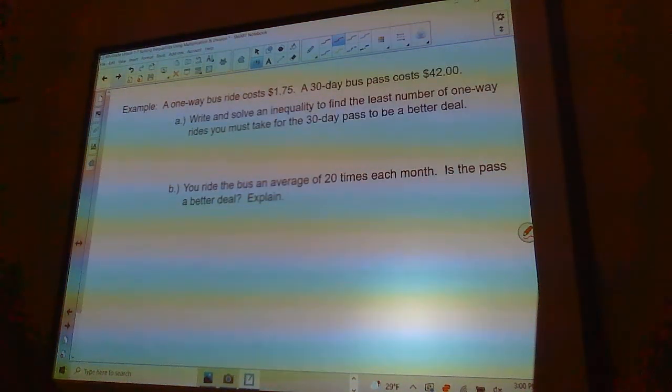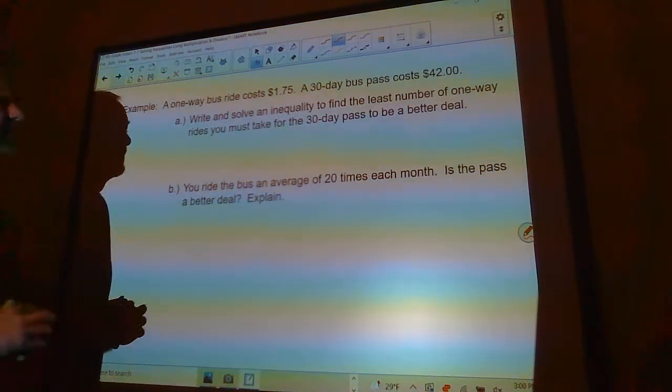A one-way bus ride costs $1.75. A 30-day bus pass costs $42. Write and solve an inequality to find the least number of one-way rides you must take for the 30-day pass to be a better deal.